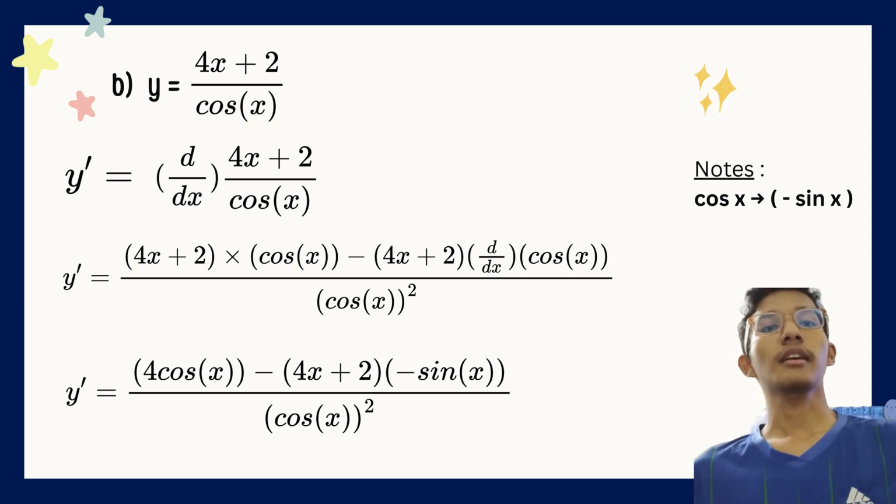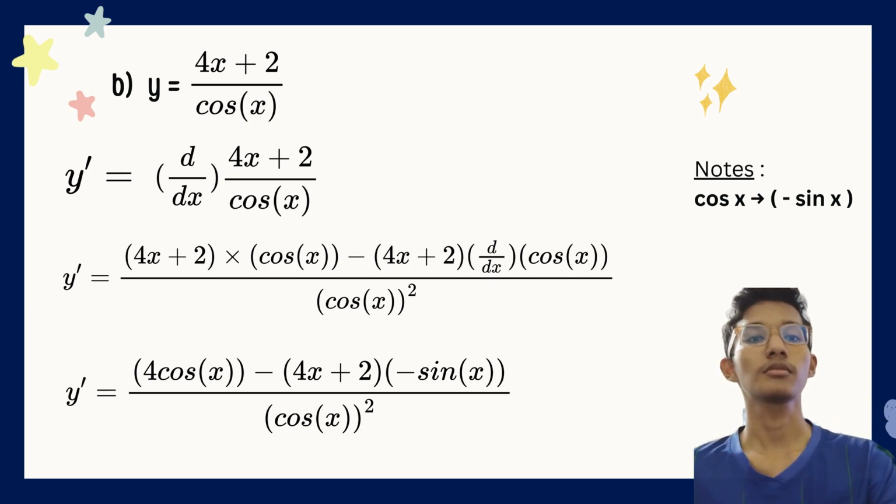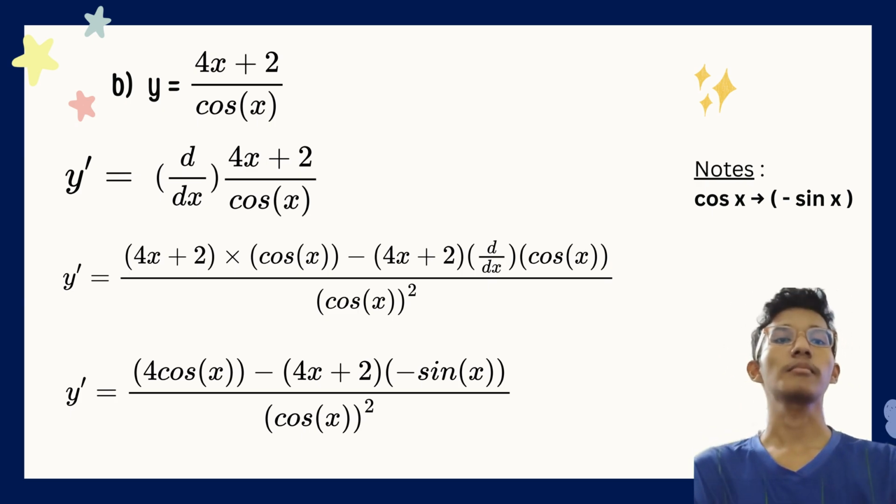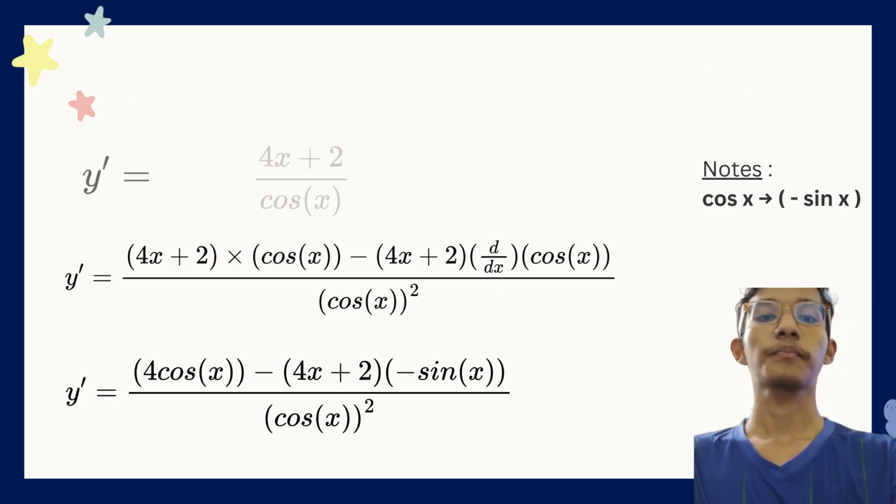Okay, then we get y prime equals 4 cos x minus 4x plus 2 times minus sin x, divided by cos x squared.